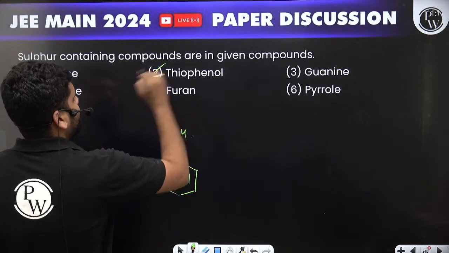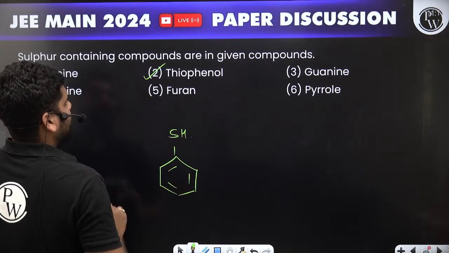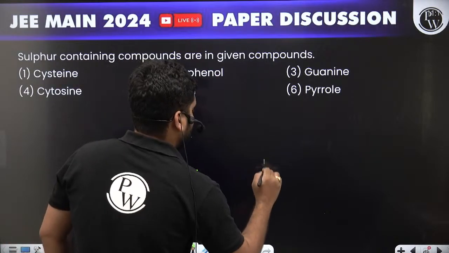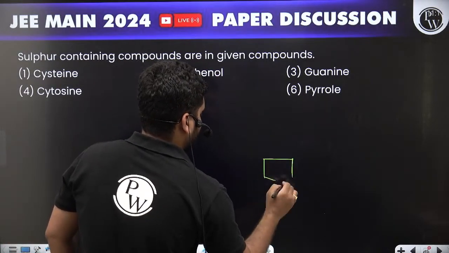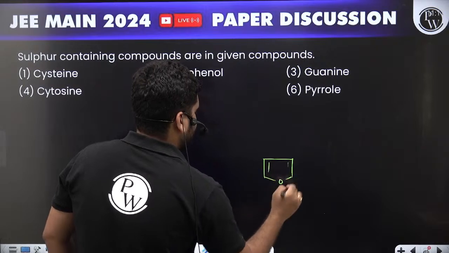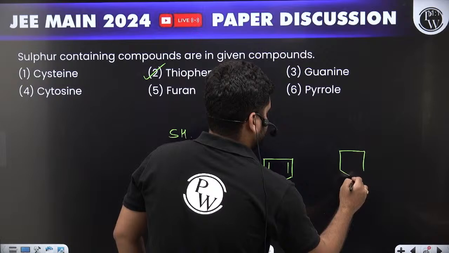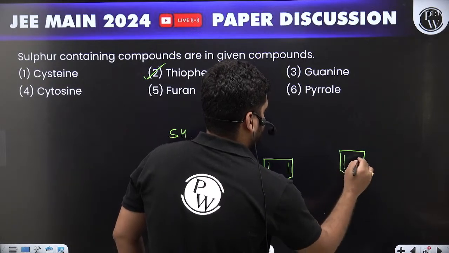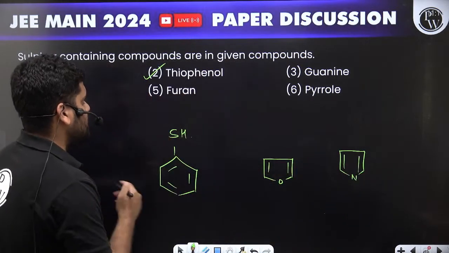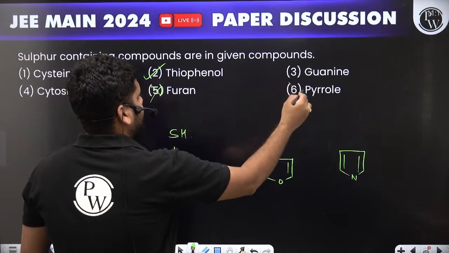This would have sulfur in it. Okay, right. Next, furan. Furan looks like this. Does it have sulfur? No. Pyrrole looks like this. It has nitrogen. So furan does not have sulfur, pyrrole does not have.